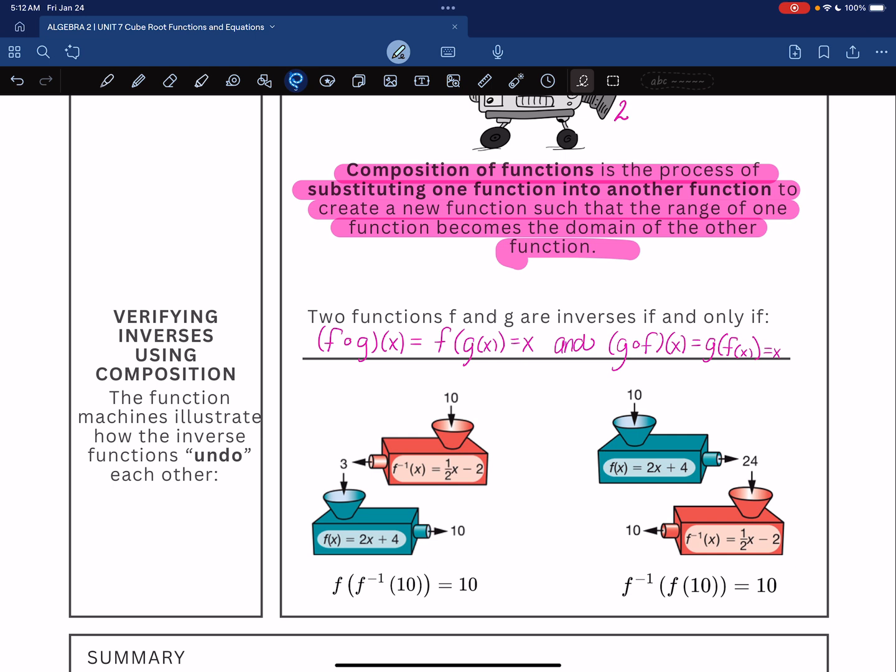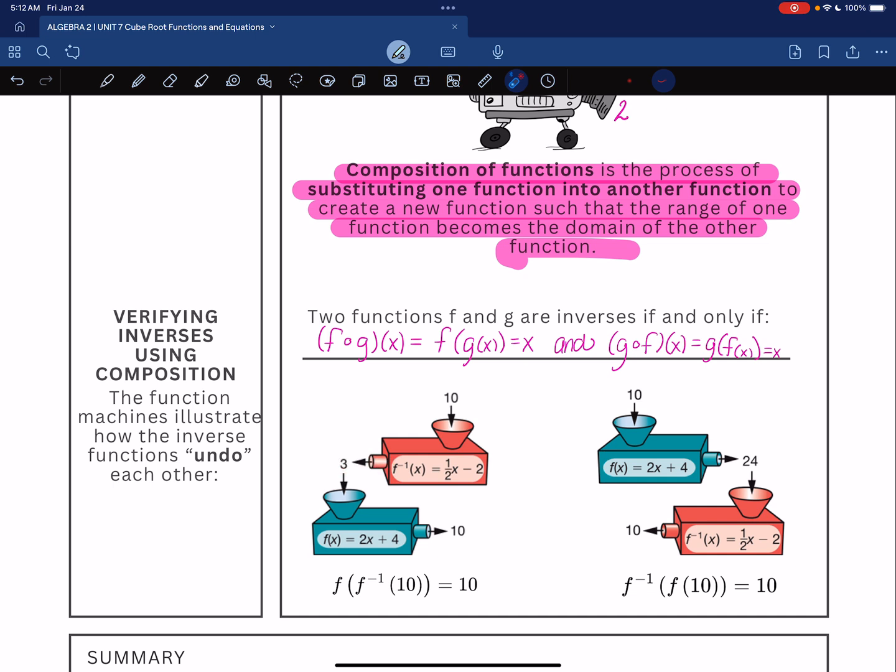So check this out with me. In this first diagram, we're plugging 10 into the inverse function. When you take 10 and plug it in right here, it would be 1/2 times 10, which is 5, and then you subtract 2, and the output is 3.